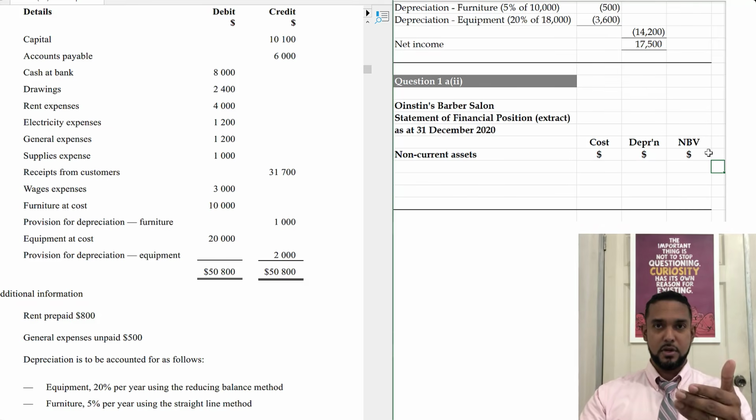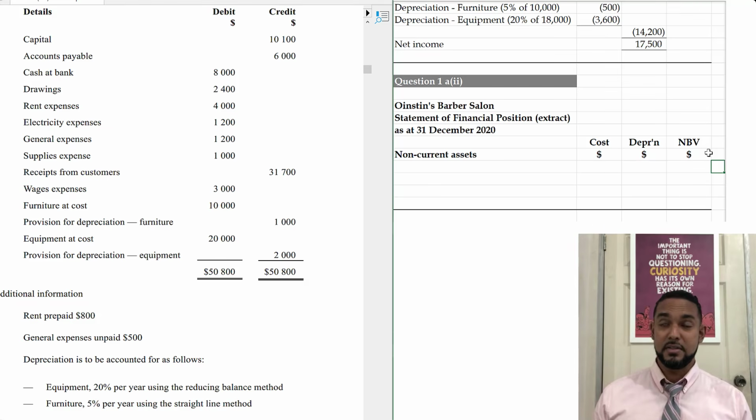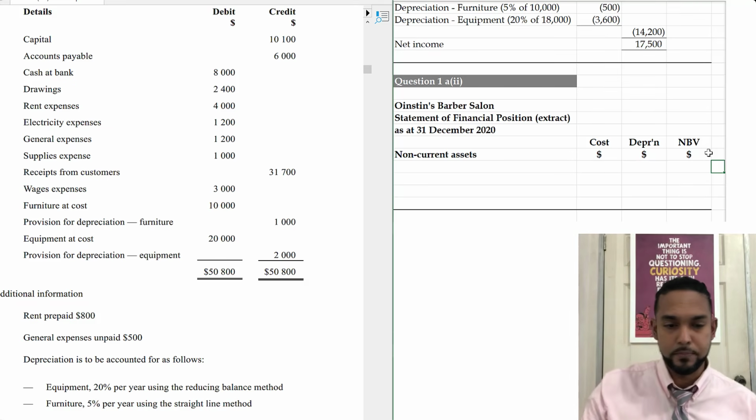Remember, just now I was talking about the function of the provision for depreciation is to reduce the value of the asset in the balance sheet, because that follows something called the historical cost concept, which says that assets must be presented at their depreciated historical cost, which means you have to show the original cost of the asset, minus the depreciation, and the subsequent net book value.